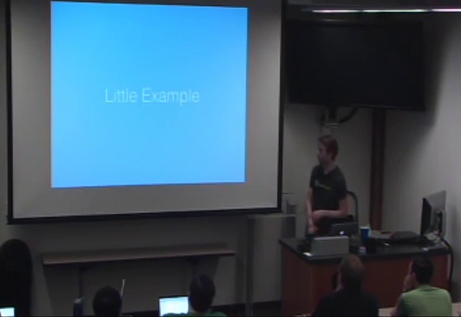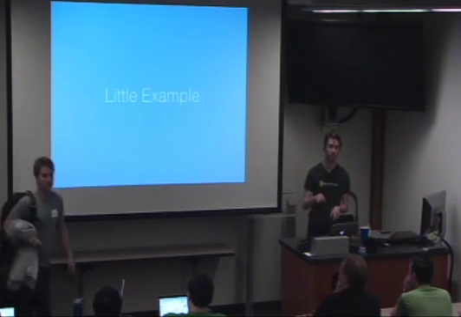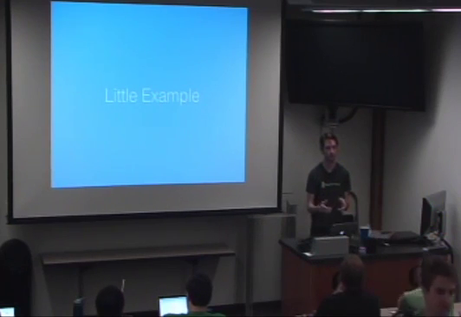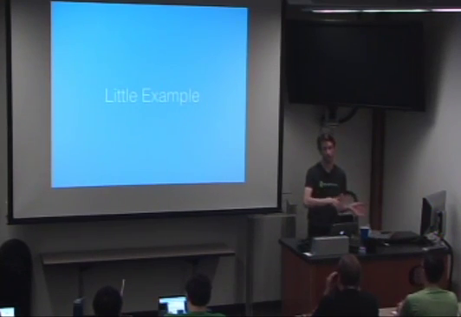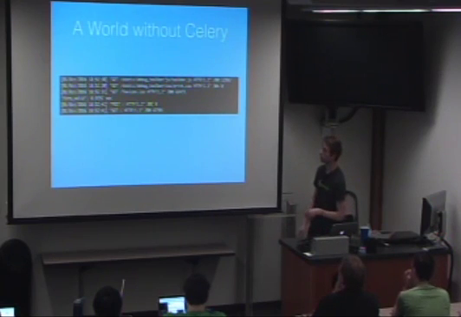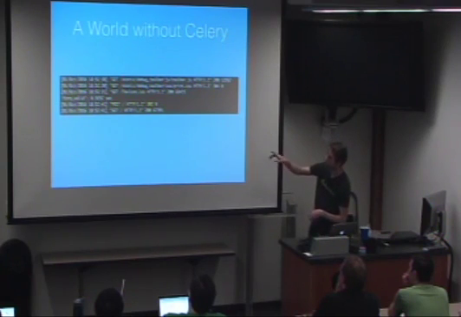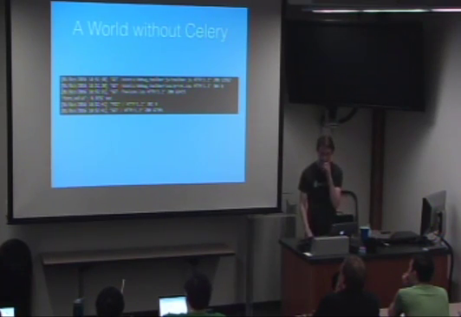Here's a little example. If I would write a really simple Django app where somebody adds a comment to a site, and then I want to determine the complexity of that submitted comment. If I would use this in a normal Django setup without any Celery, it would take me roughly 0.92 seconds.